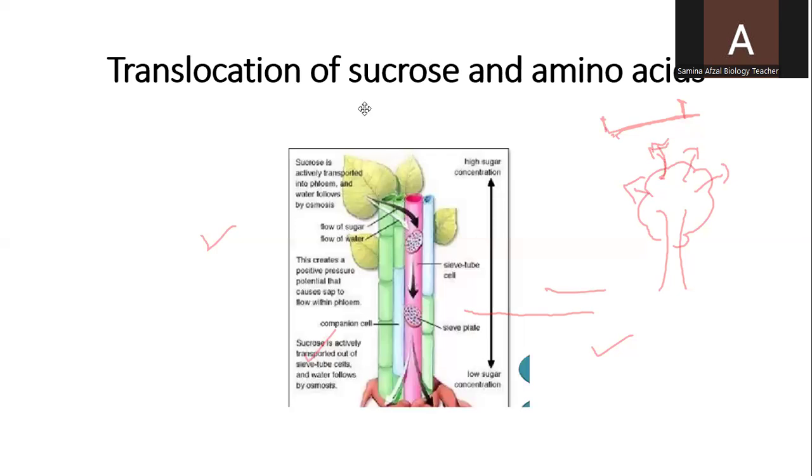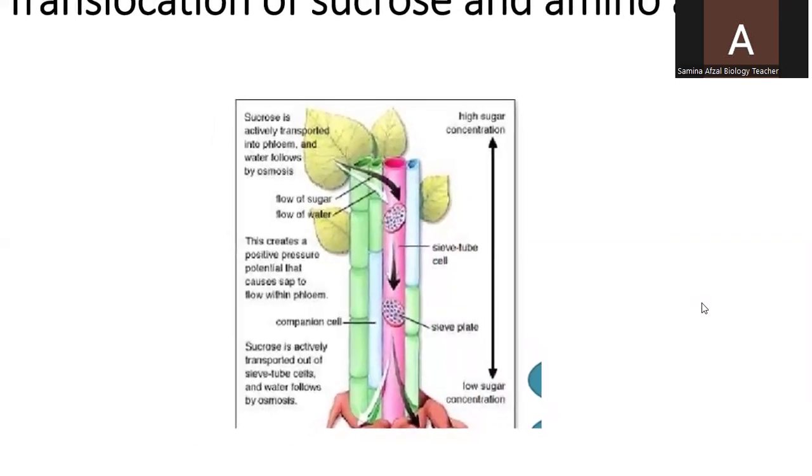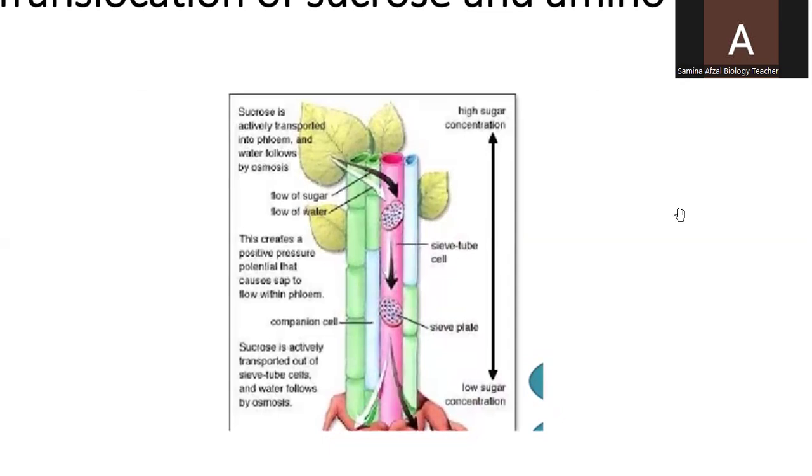Next is, how does sucrose move from the source towards the sink? Food is manufactured in the leaves. When food is manufactured, it has to move towards the other parts of the plant where the food is needed.